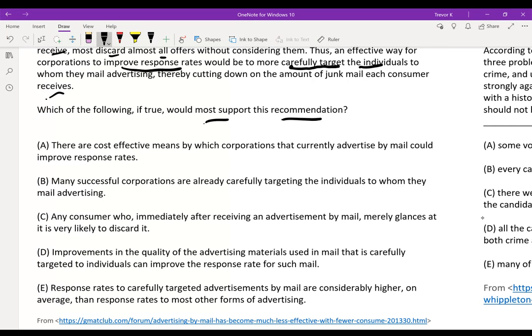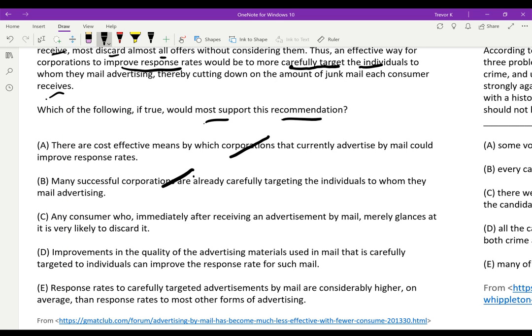A, the cost-effective means by which corporations currently advertise by mail could improve response rates. No, that has nothing to do with careful targeting. B, many successful corporations are already carefully targeting the individuals to whom they mail advertising. Okay, cool, but that doesn't say that careful targeting improves response rates. That just says they're doing it.